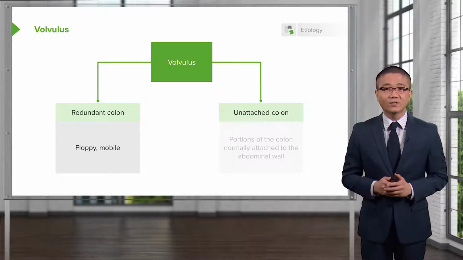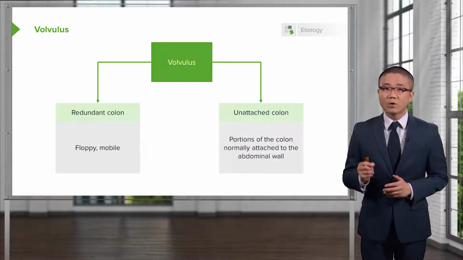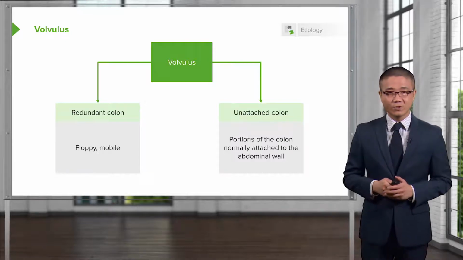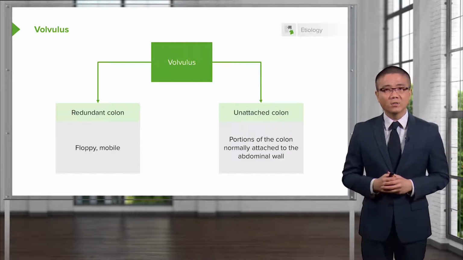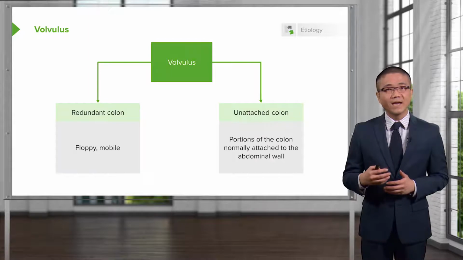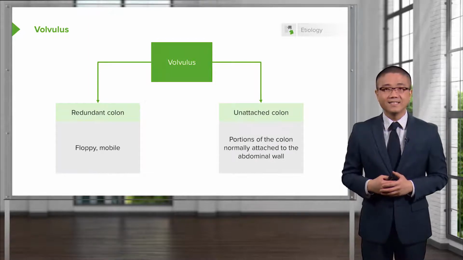What about unattached colons? Portions of the colon normally are attached to the abdominal wall. Recall during your surgical clerkships where you saw intraoperatively that the colons were attached to the lateral walls by a structure called the white line of Toldt, T-O-L-D-T.